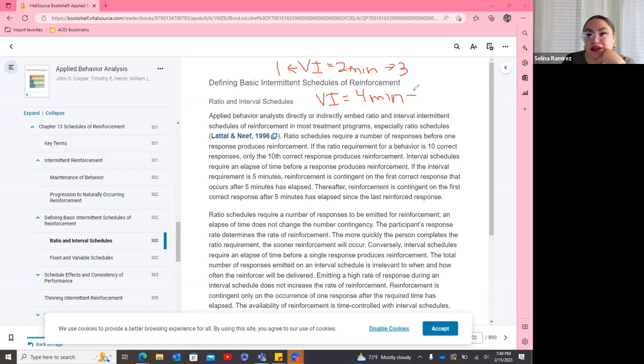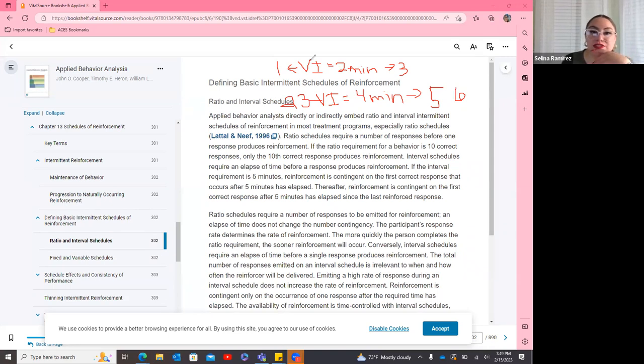If we're going by the up 2, down 2 people, then we'll say 5, 6, and then 3 and 2. So these people might give her reinforcement after every 2 minutes, after every 4 minutes, or after every 6 minutes. It's just a different way of saying on an average of.